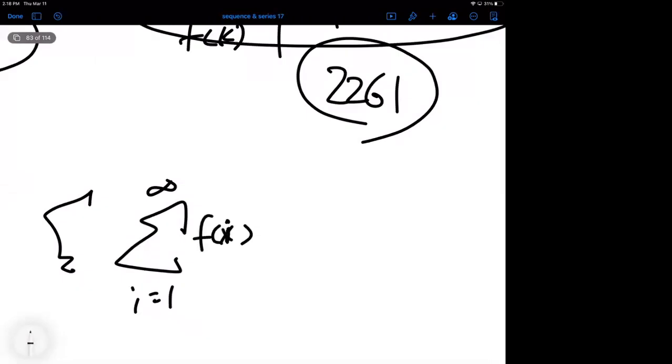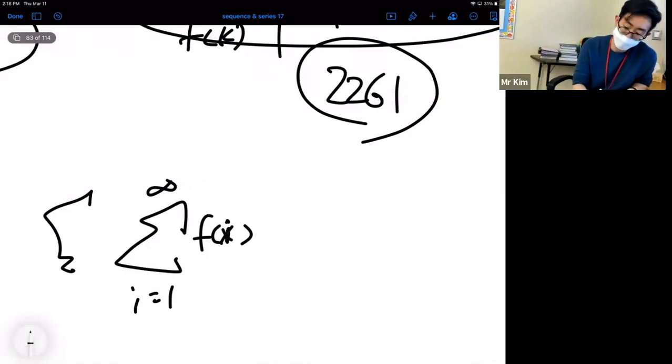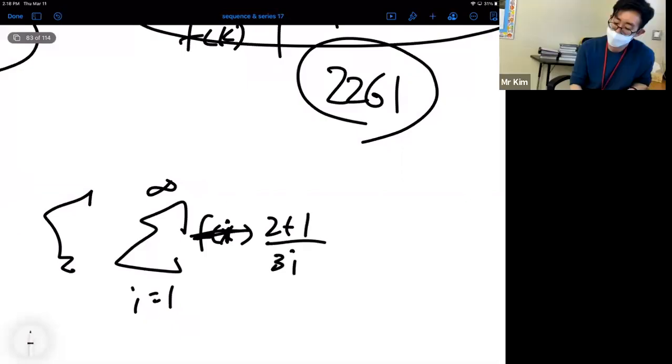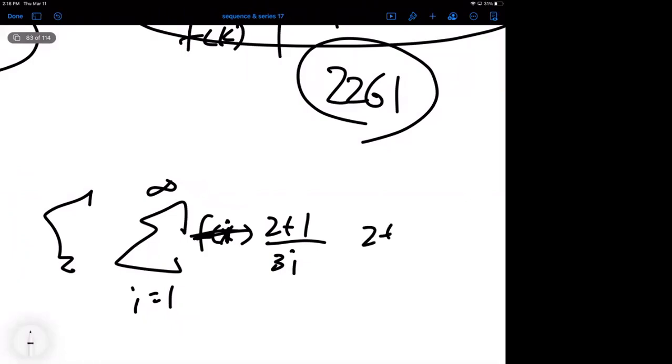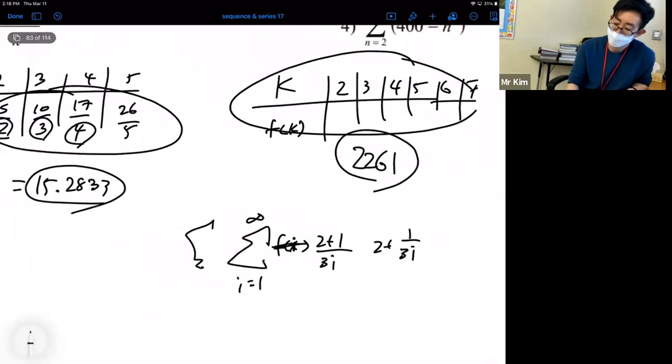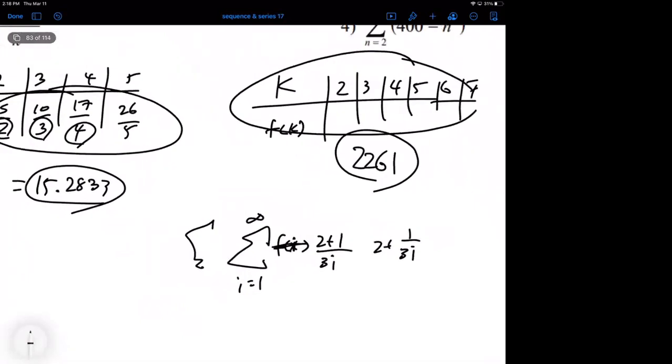Yep. Is it 2 plus 1 over 3i? Like 2 and then plus, yeah, like that. Would it converge for the limit as i approaches 2?